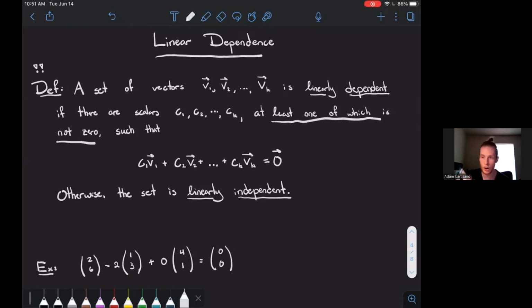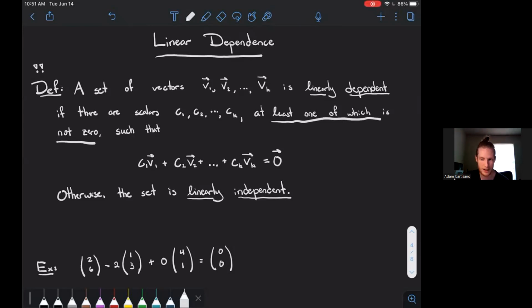Before I finish the definition, pay attention to that clause. It's one of the stumbling blocks for up and coming linear algebra students to be like, oh wait, I can come up with some scalars. Notice what we're trying to do: we take c1 times v1, c2 times v2, and so on, all the way up to ck times vk, add them all together and get the zero vector.